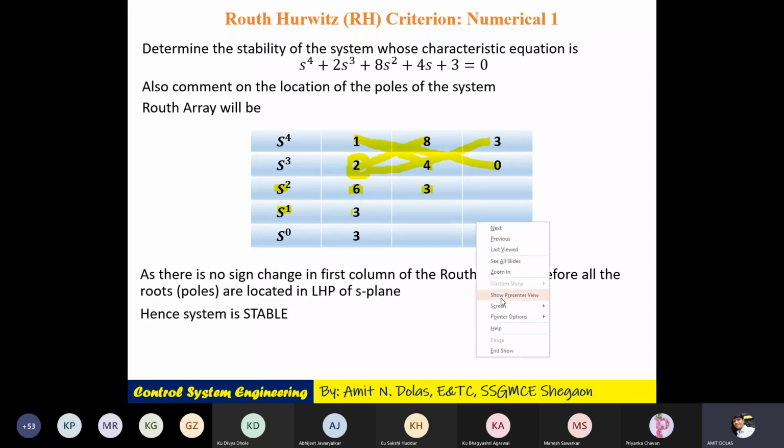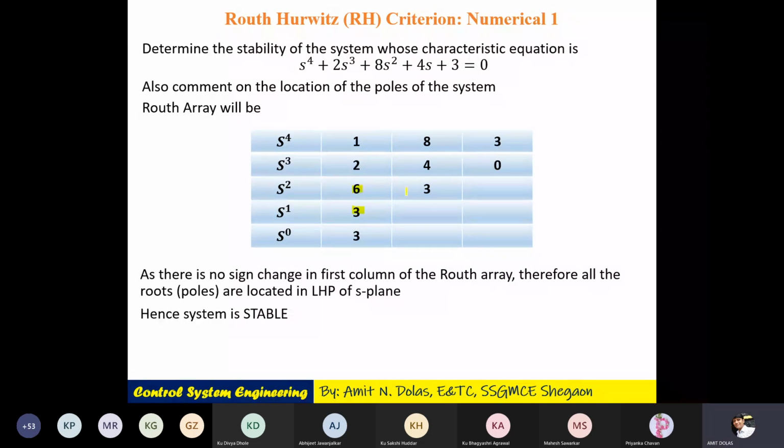This element is calculated keeping in mind the upper elements. So 6 into 4, that is 24, minus 2 into 3, that is 6. So 24 minus 6 is 18, divided by 6 will of course be 3.